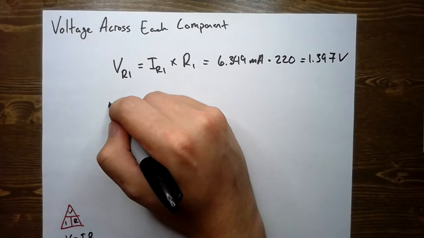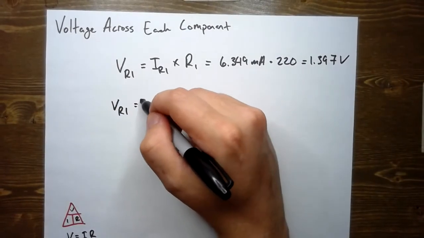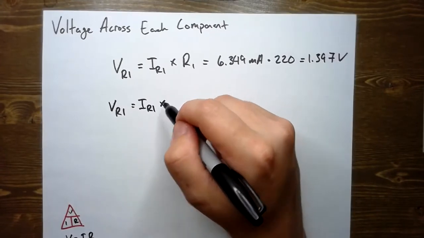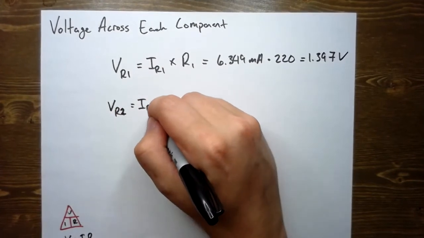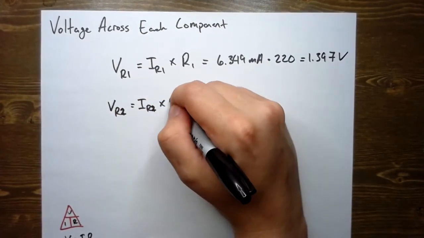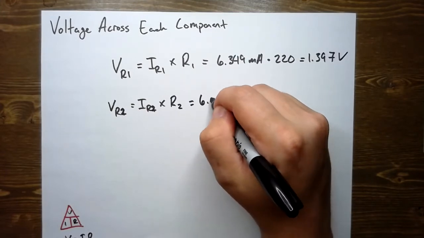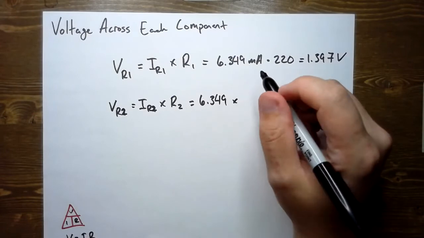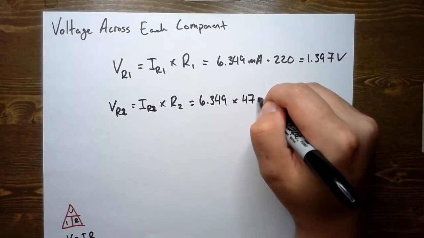So our next one is the voltage of R2, which is equal to the current through R2 times the resistance of R2, which is that same 6.349 milliamps multiplied by the resistance value, 470.